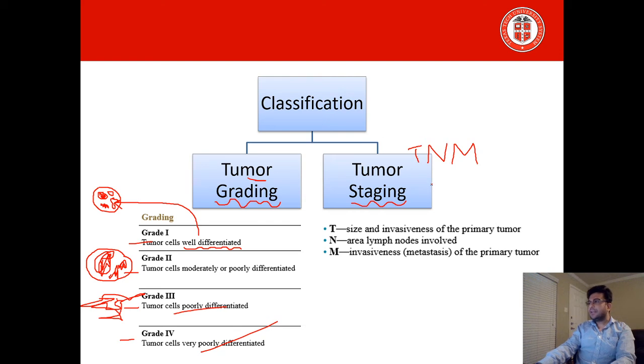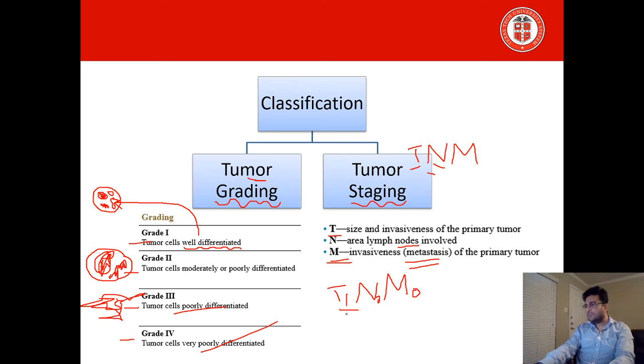If you look at the TNM classification, T stands for tumor, N stands for lymph nodes, and M stands for metastasis. So depending upon the TNM classification, they just give some numbers. For example, let's have T1, N0, and M0.